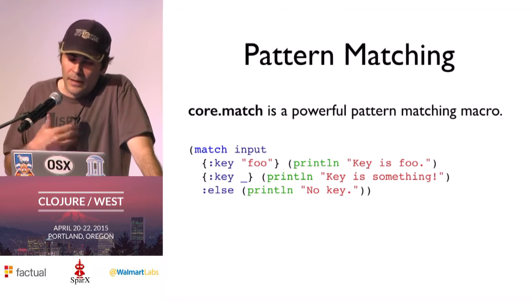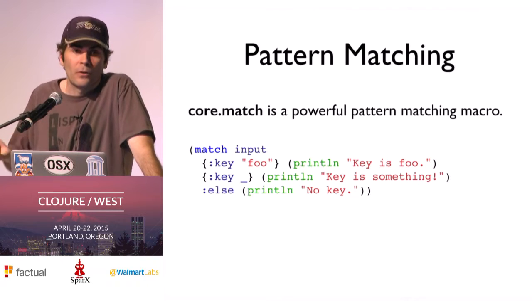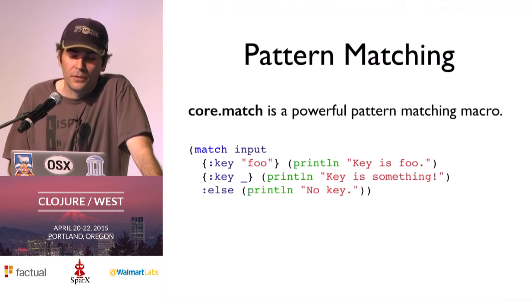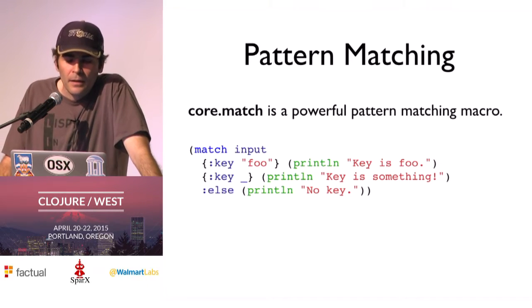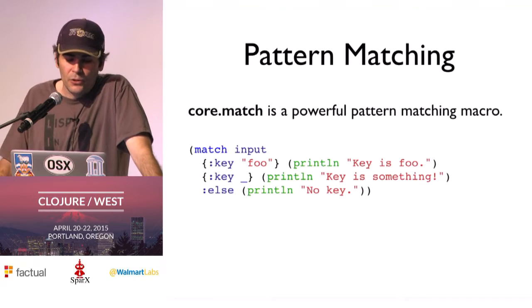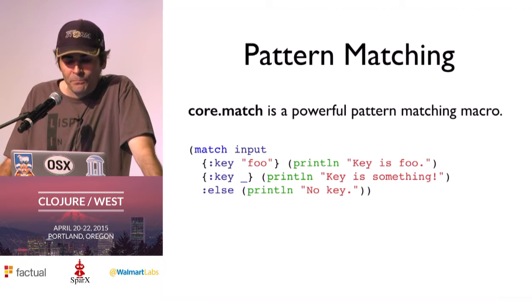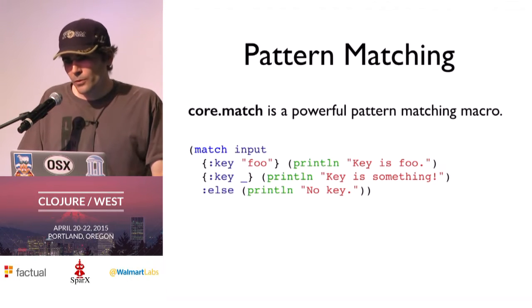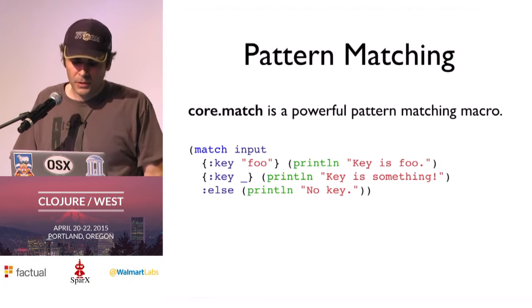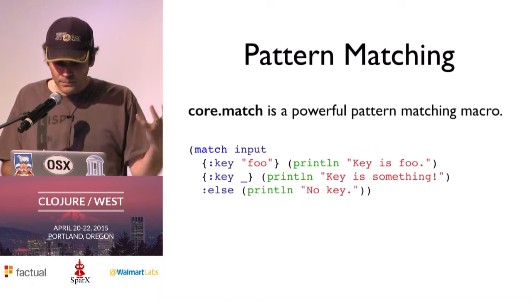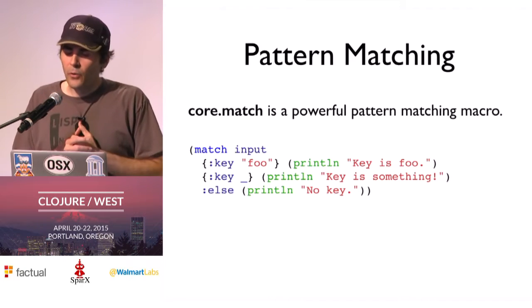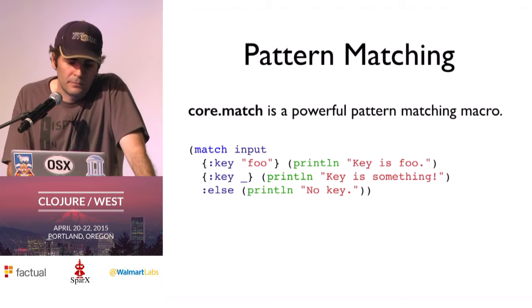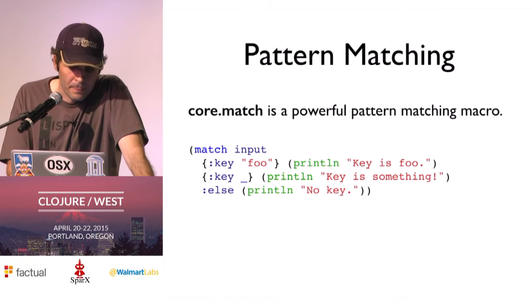If there's a key and its value is anything, so that underbar, which comes from the Prolog lineage, means match on anything, but don't bind on it. I'm not going to use the value, but go ahead and match on it. Then we get another expression, and we can use this else keyword to say otherwise, the third expression. So there's core.match. At this point, it looks a little bit like case, syntax-wise.